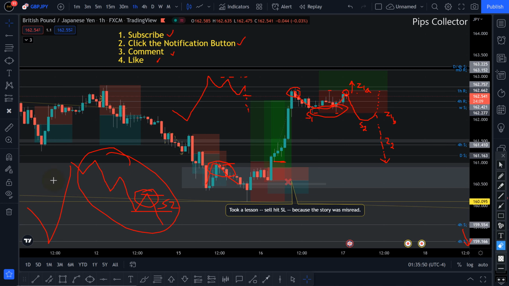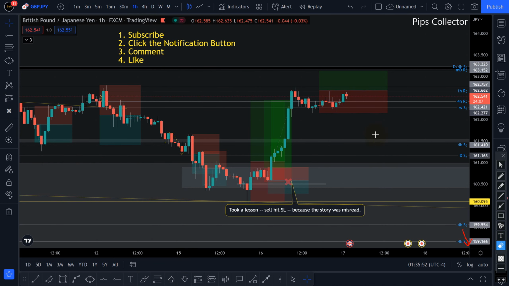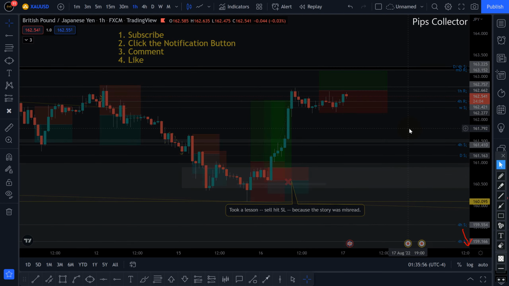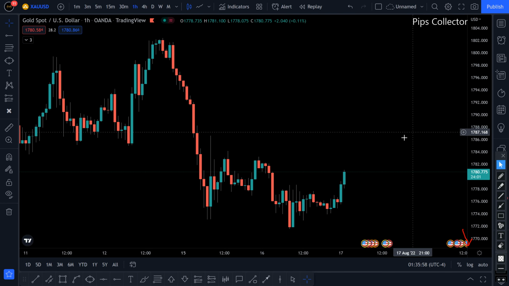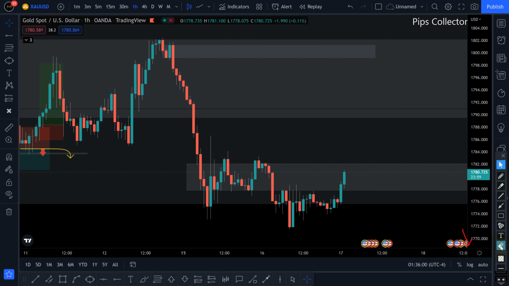Okay, without much ado, let's look at what we got next on our plate. The next thing on my plate is gold. Like I said, gold was slow yesterday. Nothing much occurred yesterday. So if this breaks this bullish candle that is flickering its way upwards, breaks this high, I'll be looking to take buys.